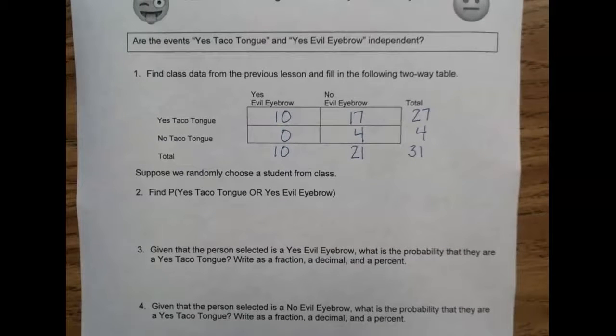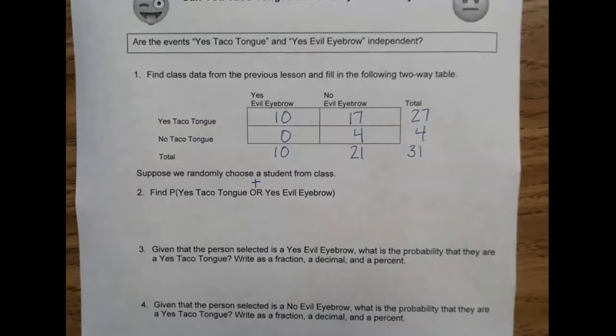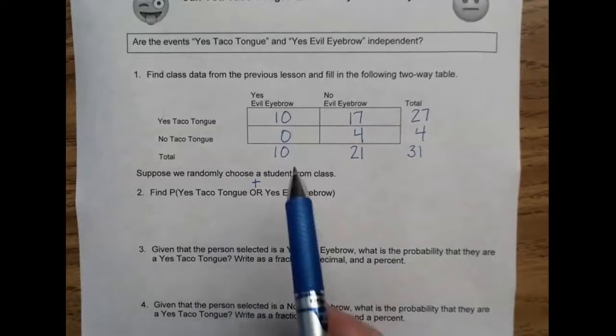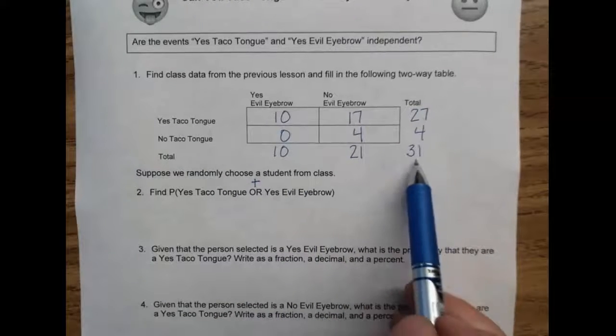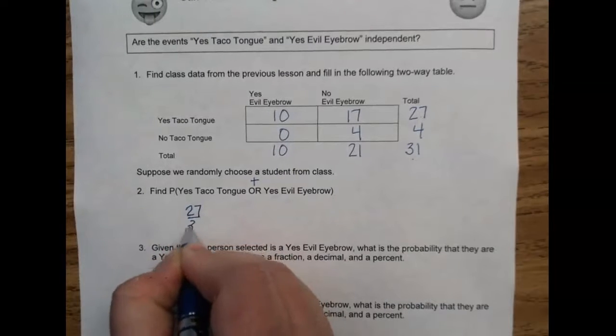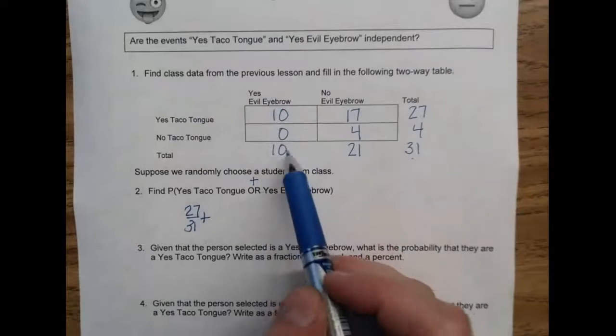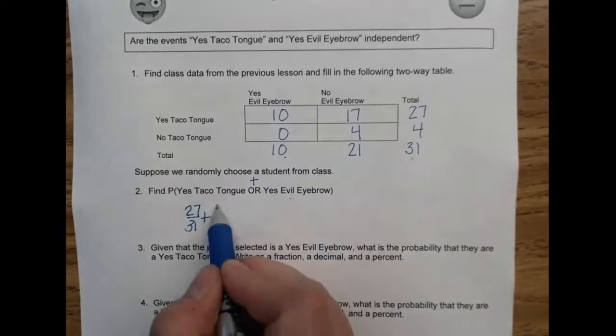Alright, so for question 2, find the probability of yes Taco Tongue or yes Evil Eyebrow. Remember the word or means we're going to add them together. So the probability of yes Taco Tongue is 27 out of 31, or yes Evil Eyebrow is 10 out of 31.